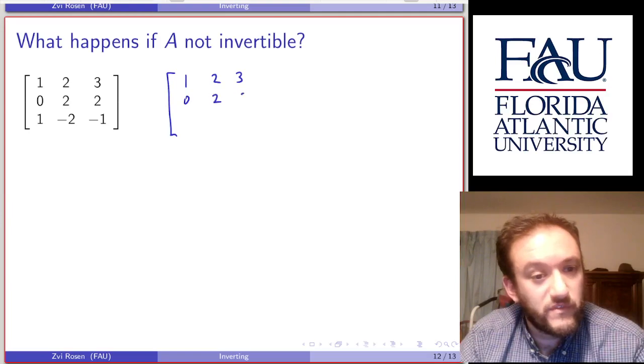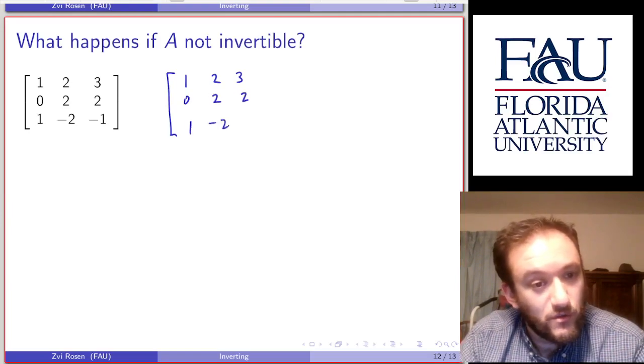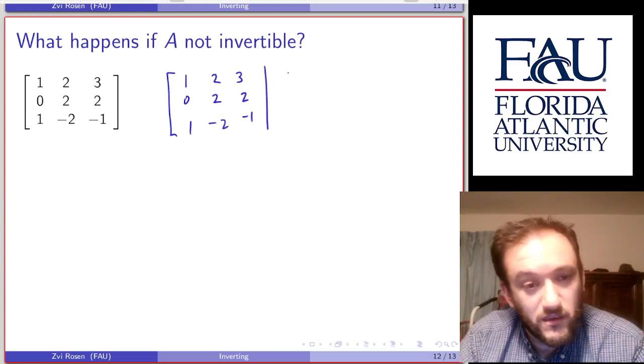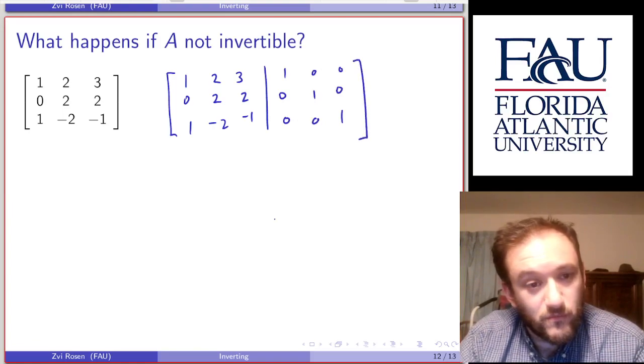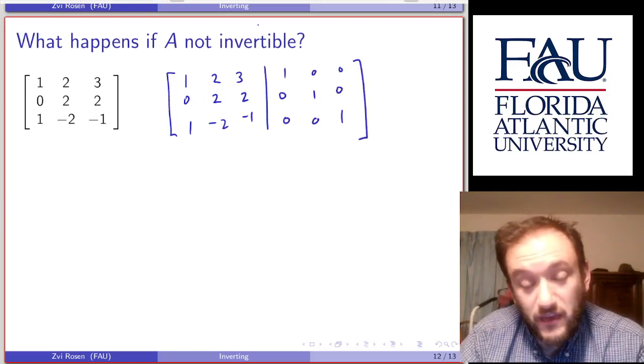So we follow the typical procedure. We write the matrix, and then we augment with this identity matrix. Okay. And then I try to carry out Gauss-Jordan elimination.